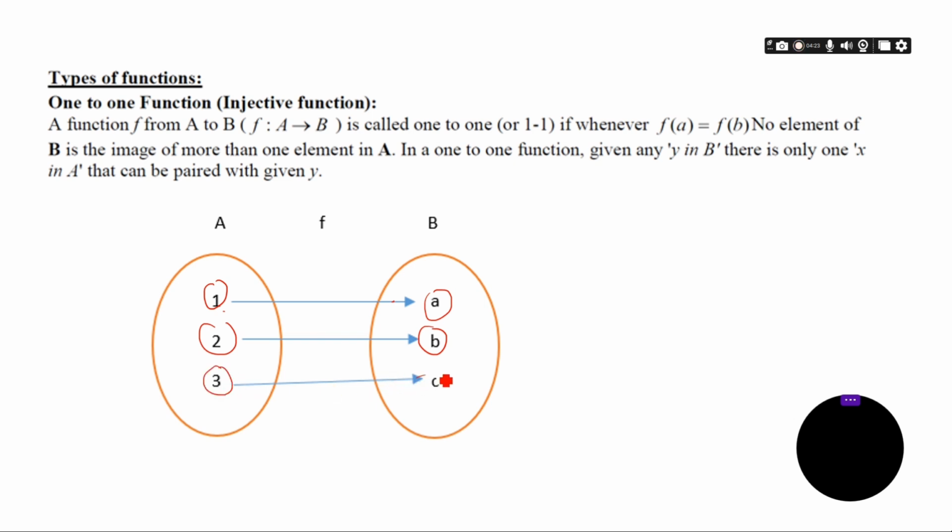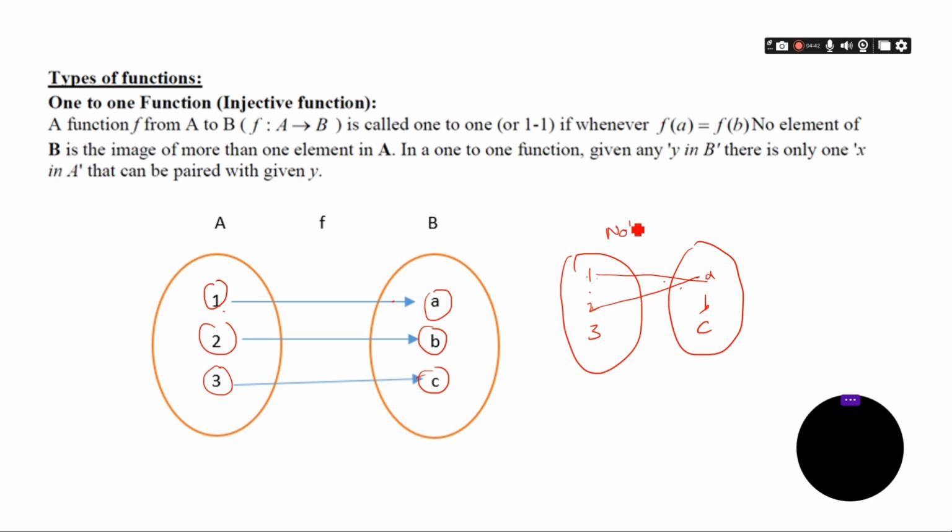Like this, 1 to 1 only. But this one, in contrast, is not 1 to 1. Why not? Suppose 1 is going to A and 2 is also going to A. That is many to 1, 2 to 1. This is not 1 to 1, because two members are going to the one member A.